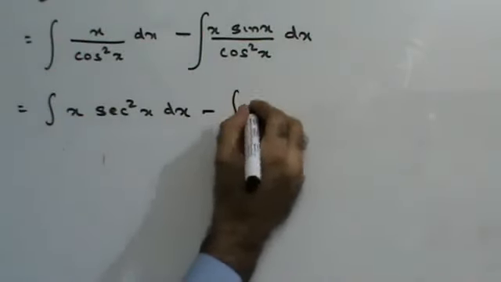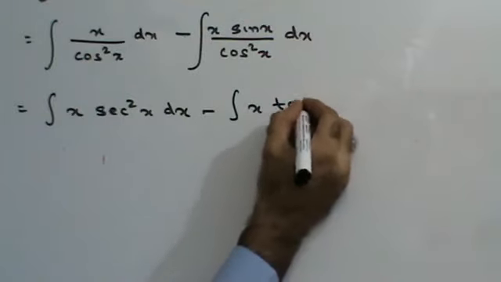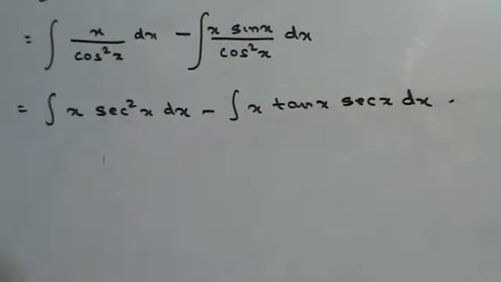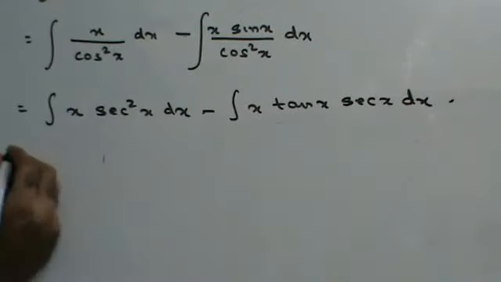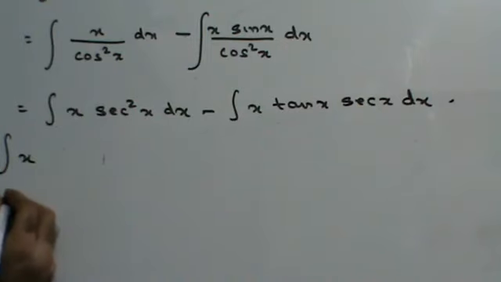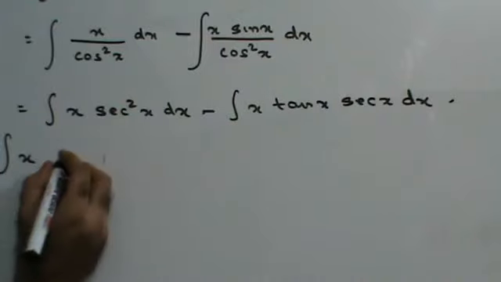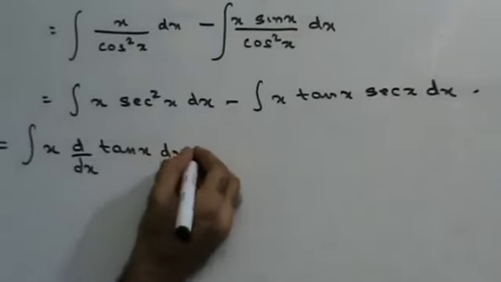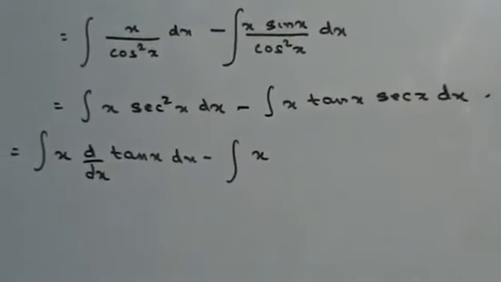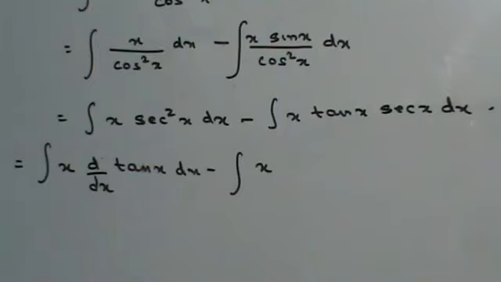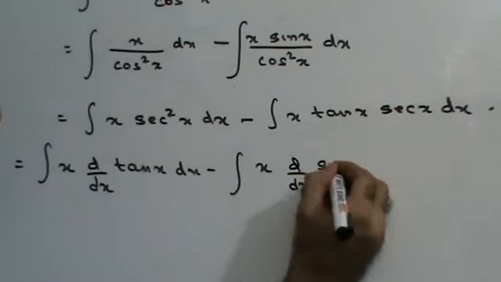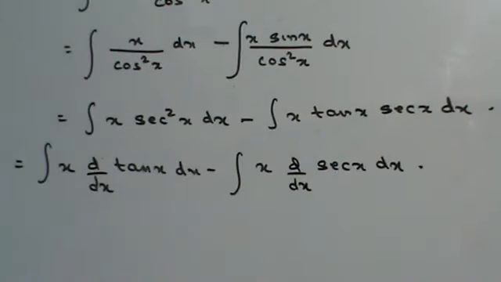Sin x upon cos x is tan x, and 1 upon cos x is sec x dx. We know that d by dx of tan x is sec square x, so sec square x can be written as d by dx of tan x. We know that d by dx of sec x is sec x tan x, so sec x tan x can be written as d by dx of sec x.